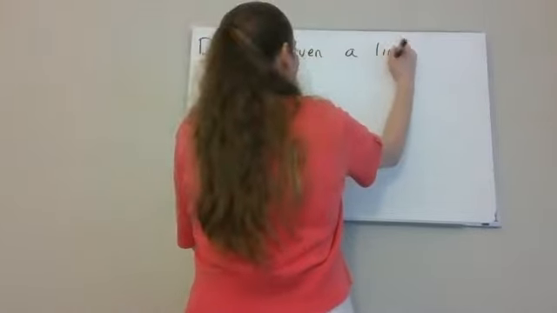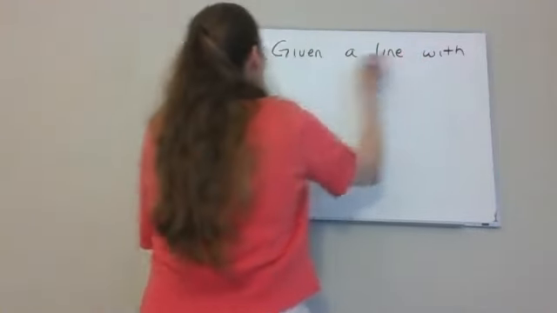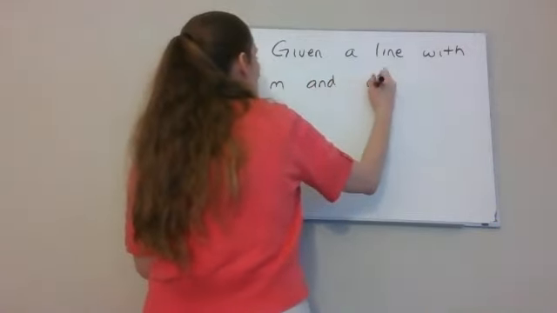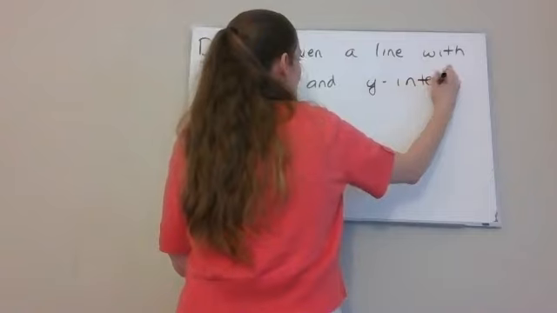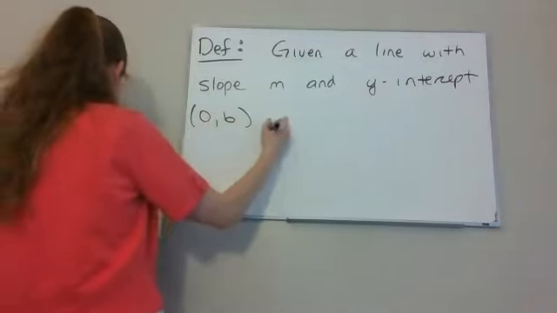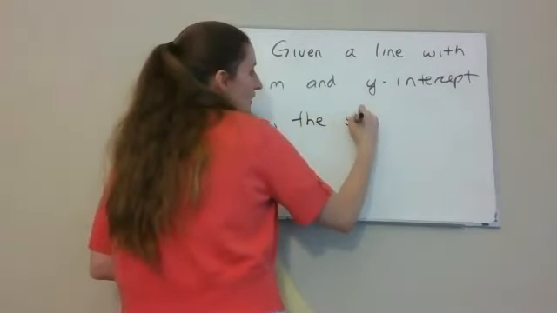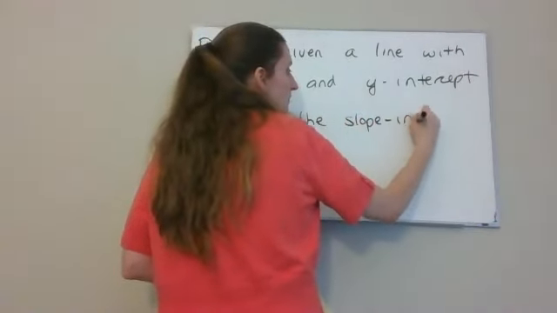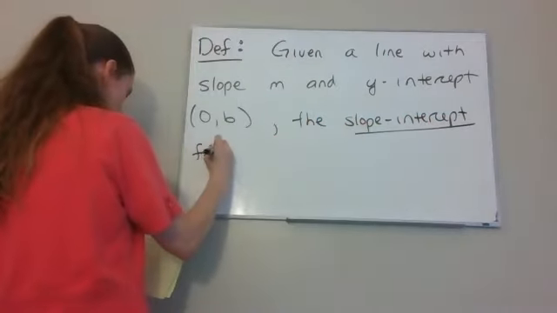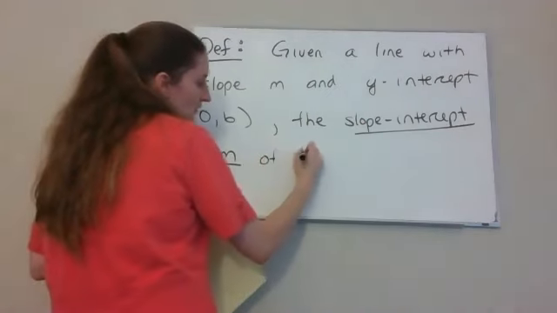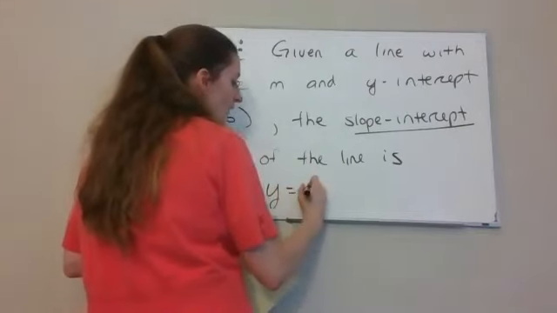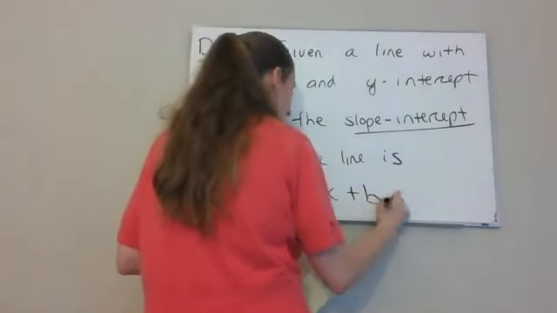So given a line with slope m, and y-intercept (0, b), the slope-intercept form of the line is y equals mx plus b.